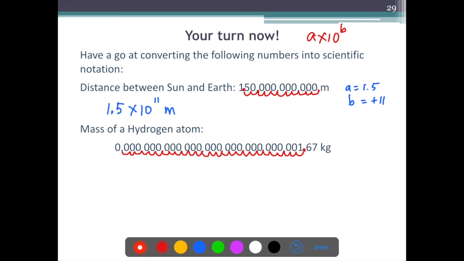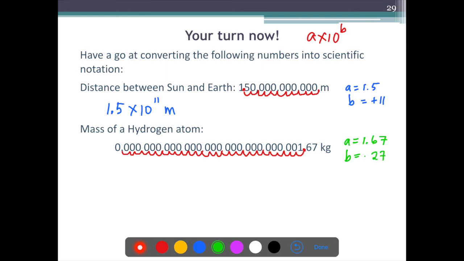And we put our decimal point there because 1.67 is a number between 1 and 10. So our A is 1.67. And B is the number of places we move the decimal point, that's 27.